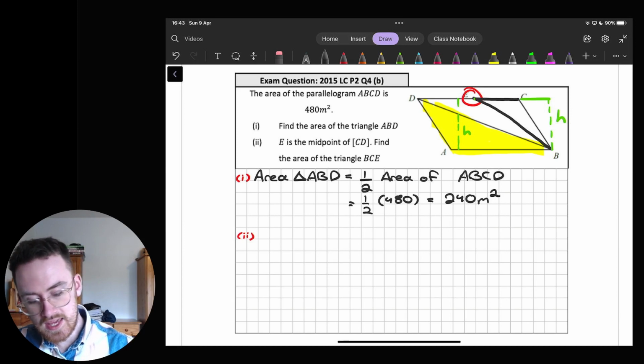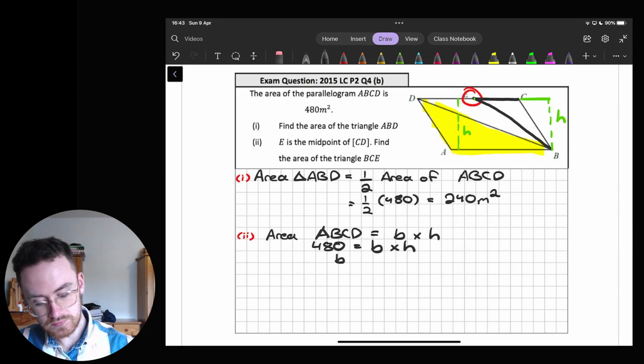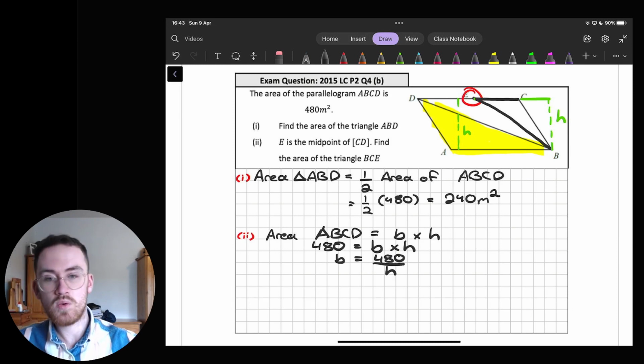Looking at the area of my parallelogram ABCD, it is the base times the perpendicular height. We know this area is 480 meters squared. I don't know what my base is, I don't know what my height is, but we could say that my base is 480 divided by whatever the height is.